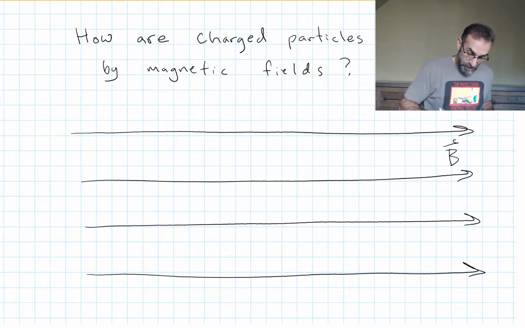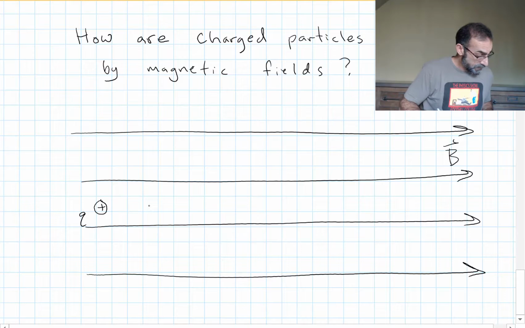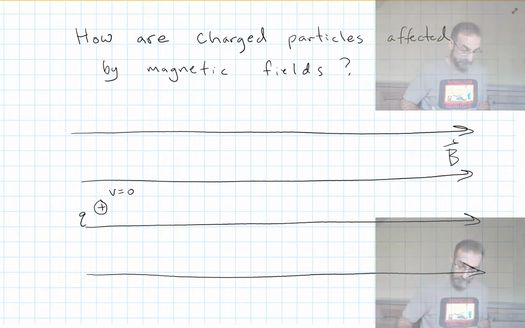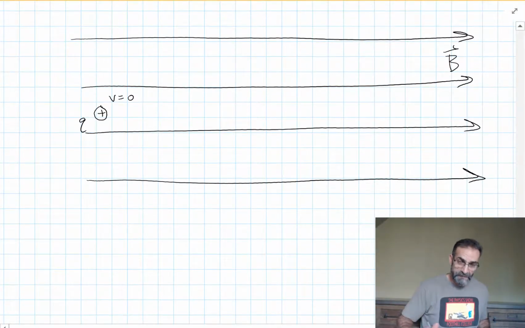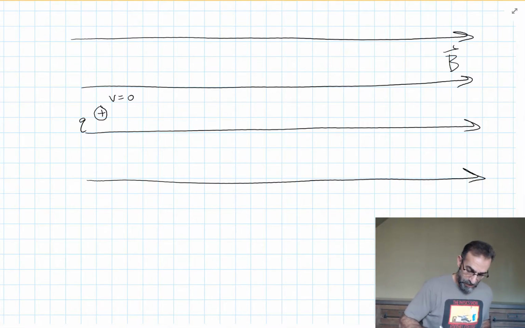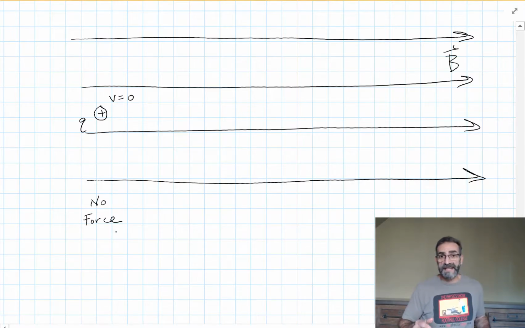And I have a charged particle sitting here, charge Q, sitting there at rest in my magnetic field. It turns out there is no force on that particle. It is not affected by the magnetic field.